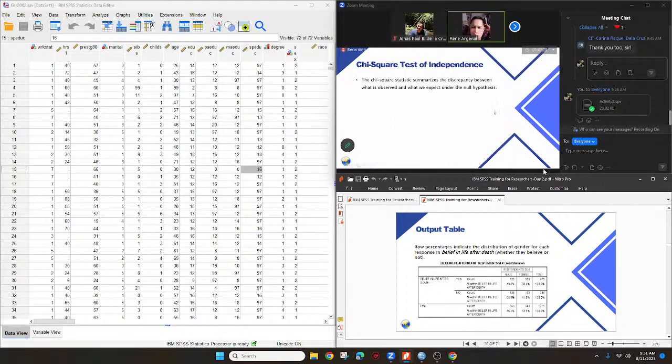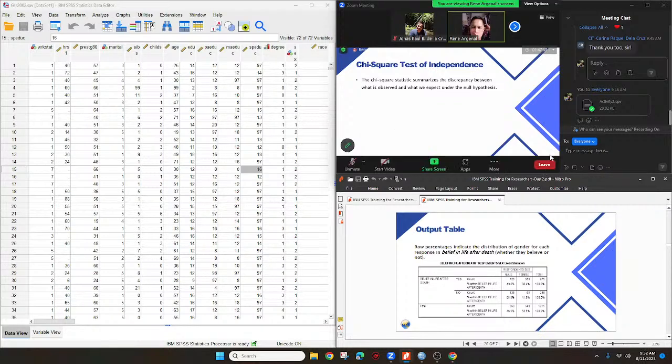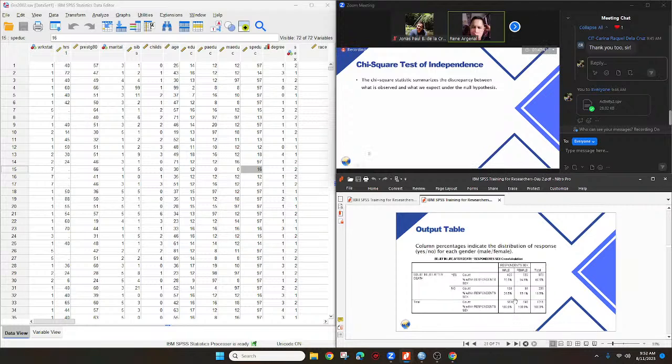So the chi-square test of independence or relationship is a statistical tool that summarizes the discrepancy between what is observed and what we expect under the null hypothesis. What is the meaning of this? When you say under the null hypothesis, your null hypothesis should be stated in such a way that there will be no relationship. If there is no relationship, it means that the frequencies for all cells should be equal.